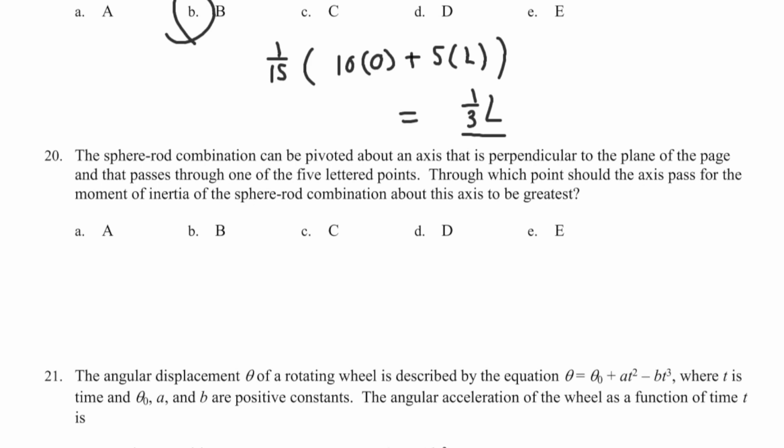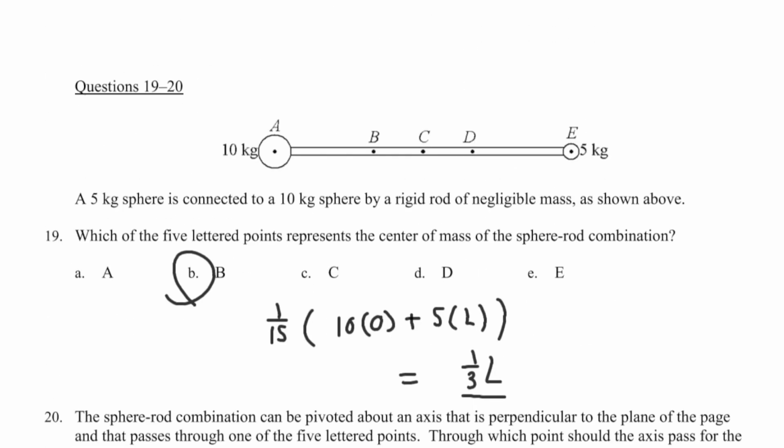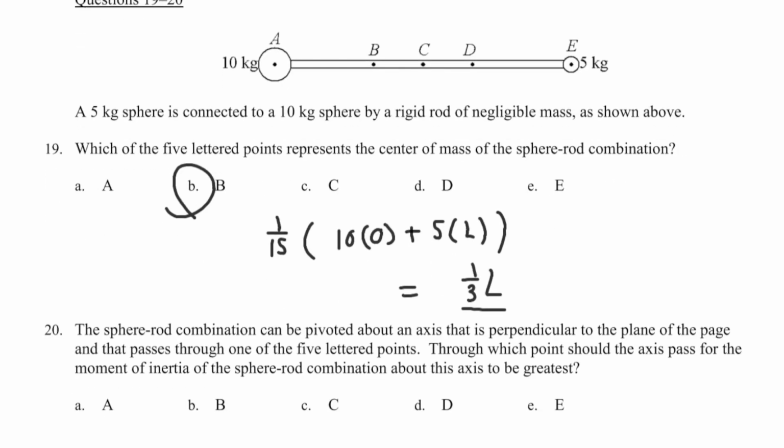All right. And now we're asked another concept question. Which point should the axis of rotation pass for the moment of inertia of this system to be the greatest? So what we can remember is that moment of inertia is equal to a weighted average of distances squared times the individual mass values.